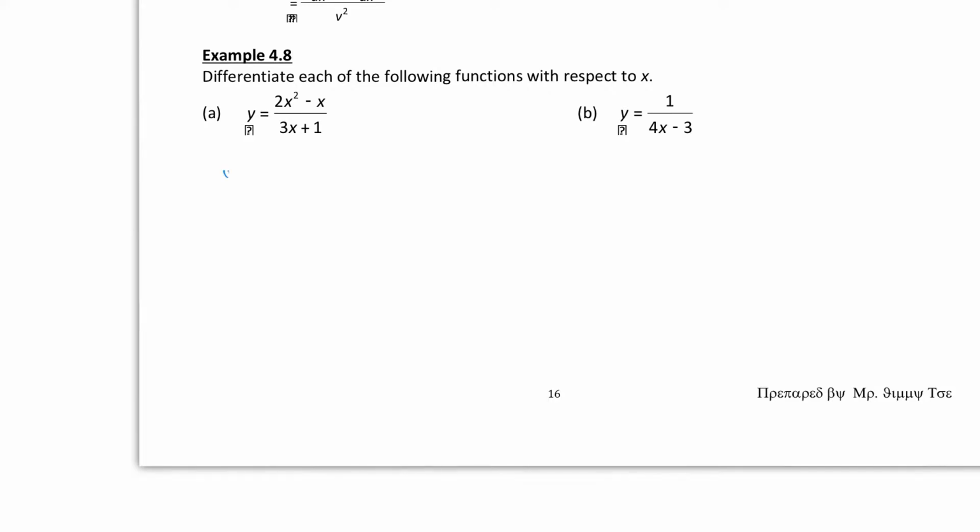If we want to find y dash, we take the square of the denominator, 3x plus 1 all squared, and then put down the denominator first and find the derivative of the numerator. Remember, this is a minus sign, and put down the numerator and find the derivative of the denominator.